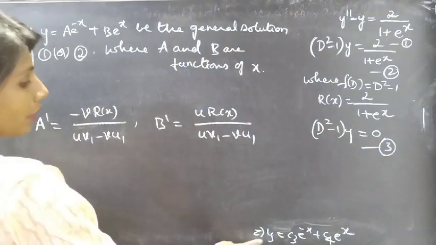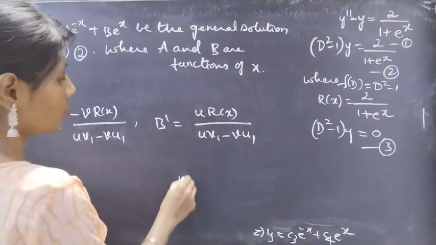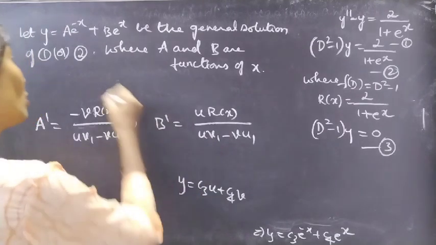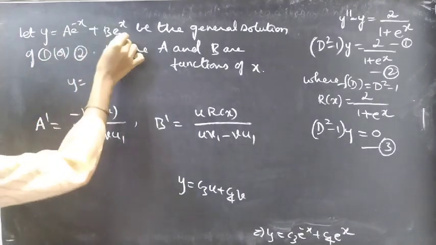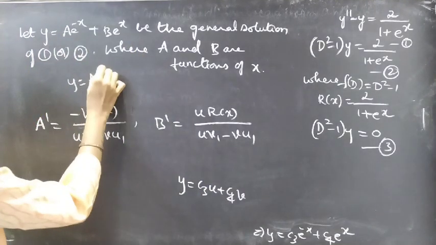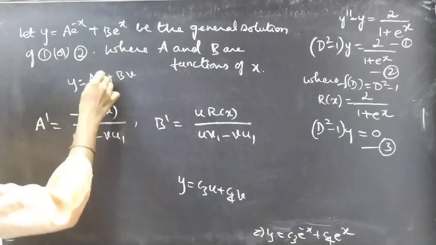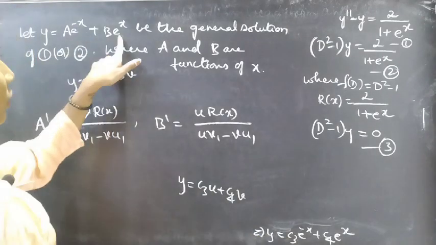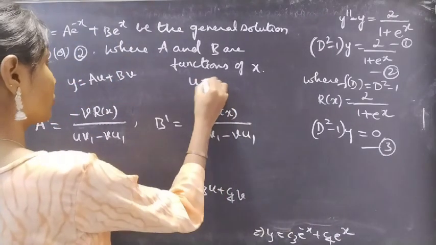Now you can compare the solution of the homogeneous equation y equal to c3u plus c4v with au plus bv, then you'll get u and v, where u equals e power minus x and v equals e power x.